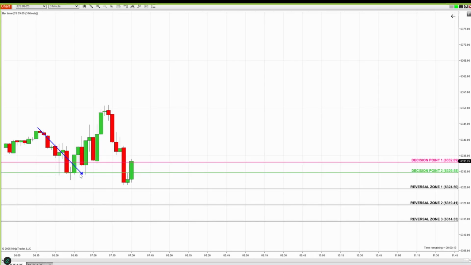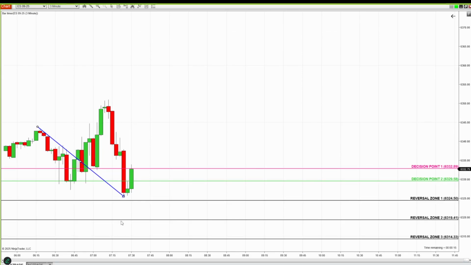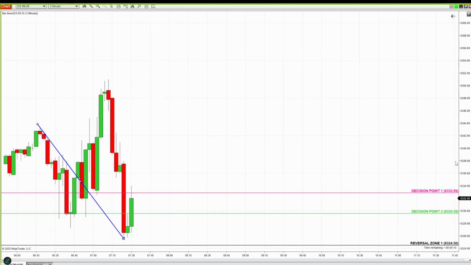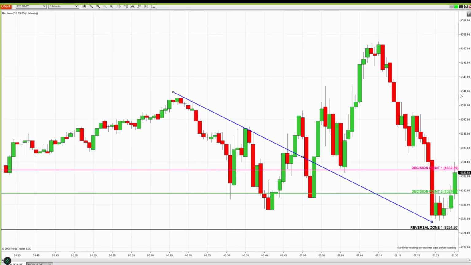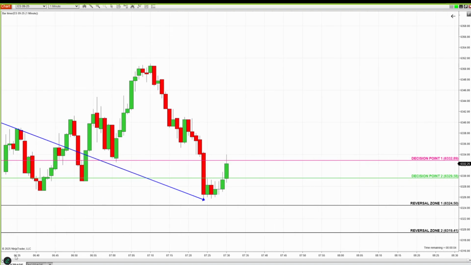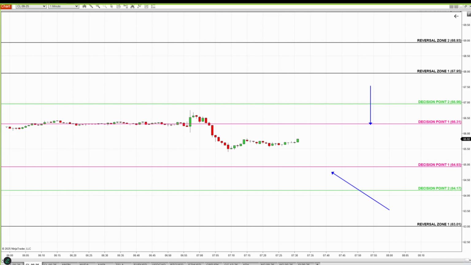S&P keeps bouncing from this level, reached the Alpha Fibonacci reversal zone. Again, extremely limited trading range. Again, no software on this chart, none is present. It is never, ever a requirement. Software is here. No software on oil.